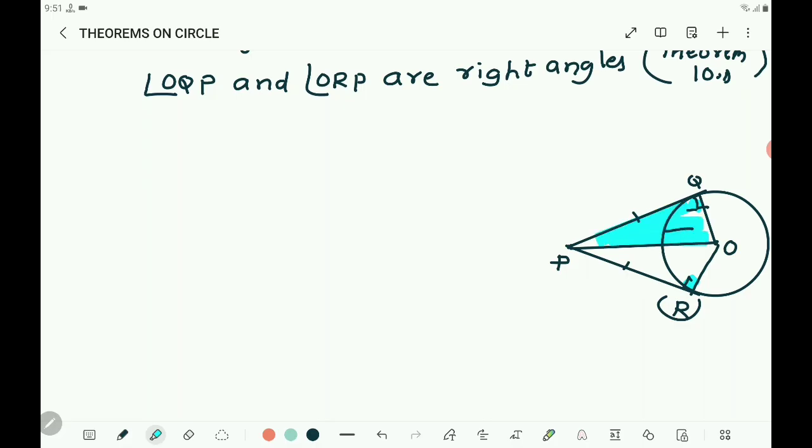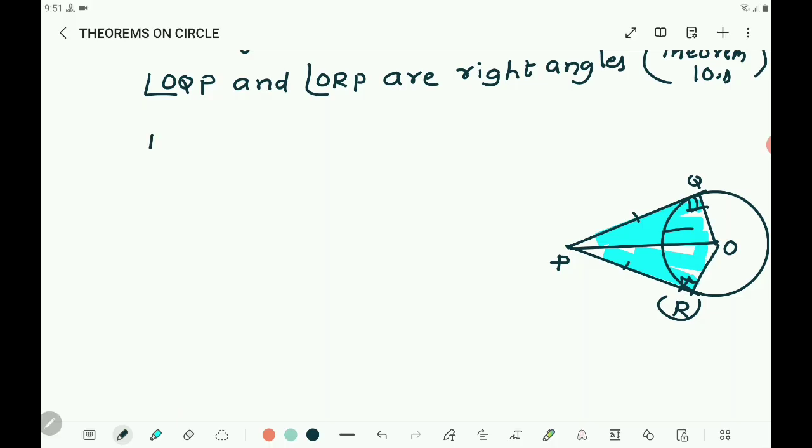In these two triangles, you already proved these two are right angles, and hypotenuse OP equals hypotenuse OP, that is the common side, and OQ equals OR, they are the radii of the same circle. Radii of the same circle are always equal. Therefore, according to the RHS congruence rule, you can prove that the two triangles are congruent.